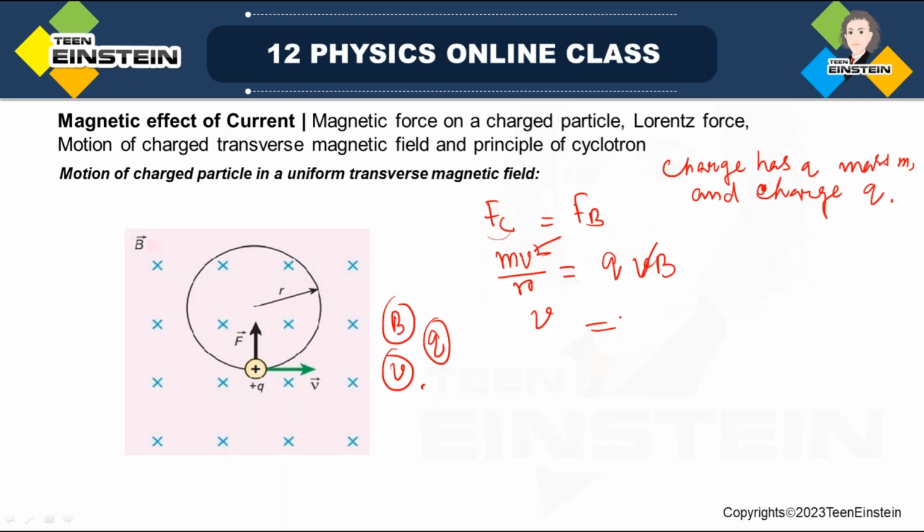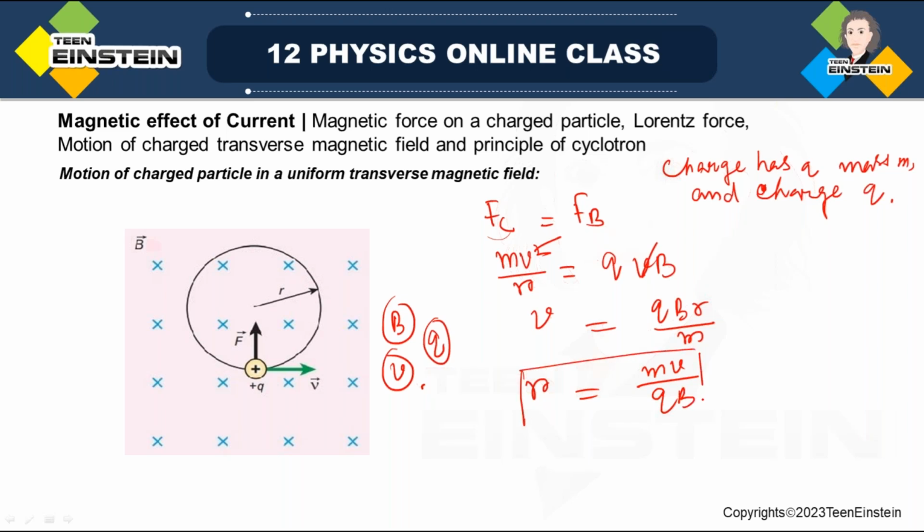So we will be able to find out the speed: v equals qBr by m. Suppose we want to know the radius of the circular trajectory: r equals mv by qB.